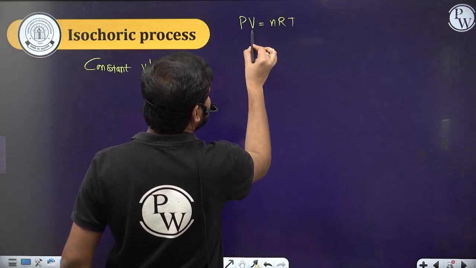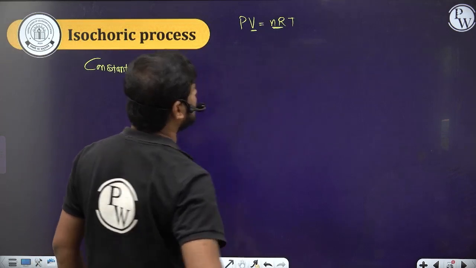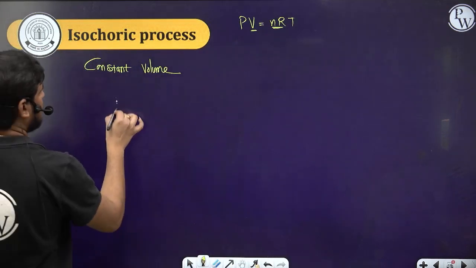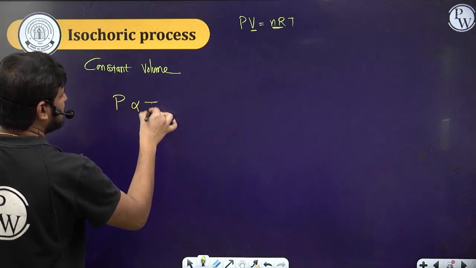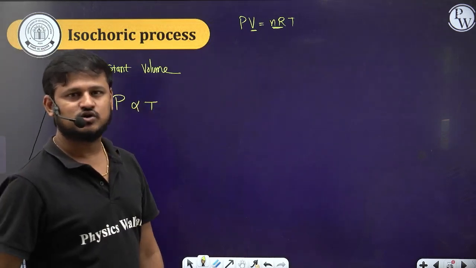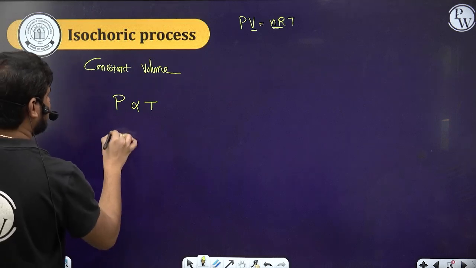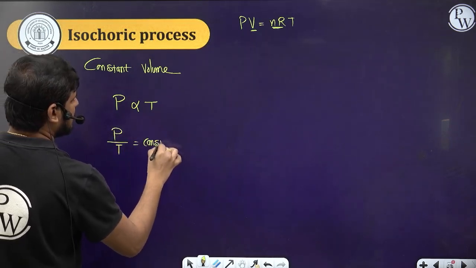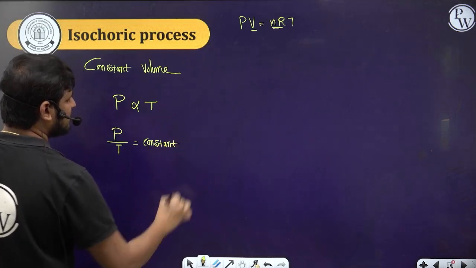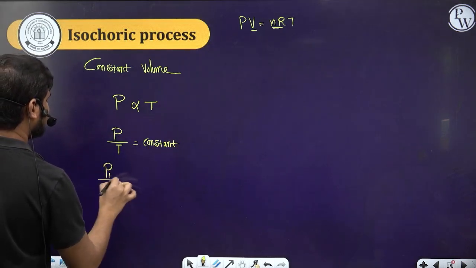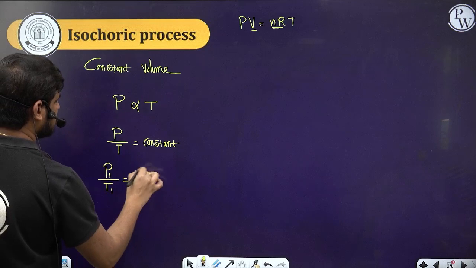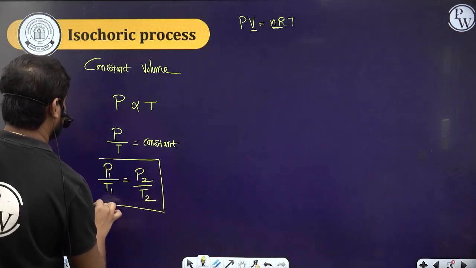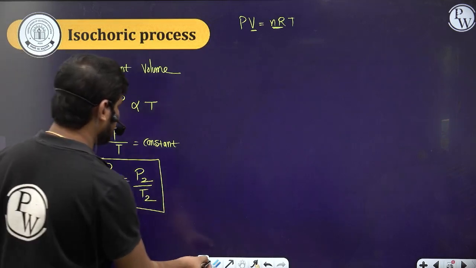If the volume is constant, nR is already constant, so the pressure is directly proportional to T. So P by T is going to be constant, which means P1 by T1 is equal to P2 by T2.